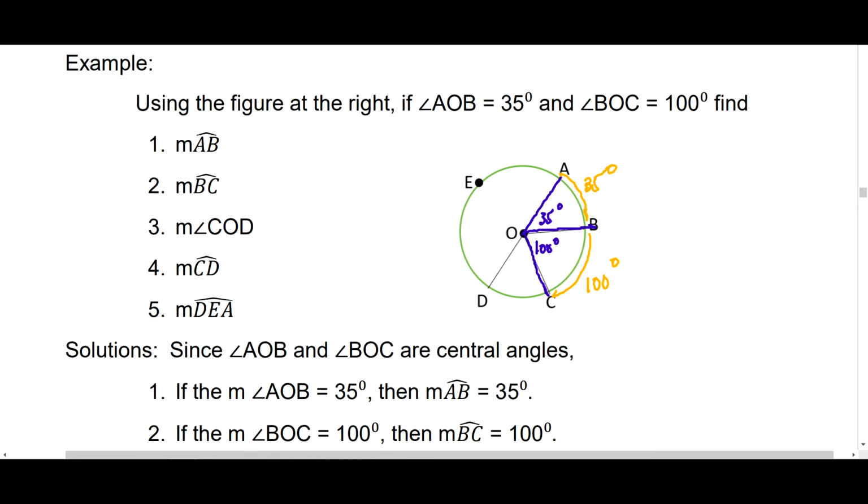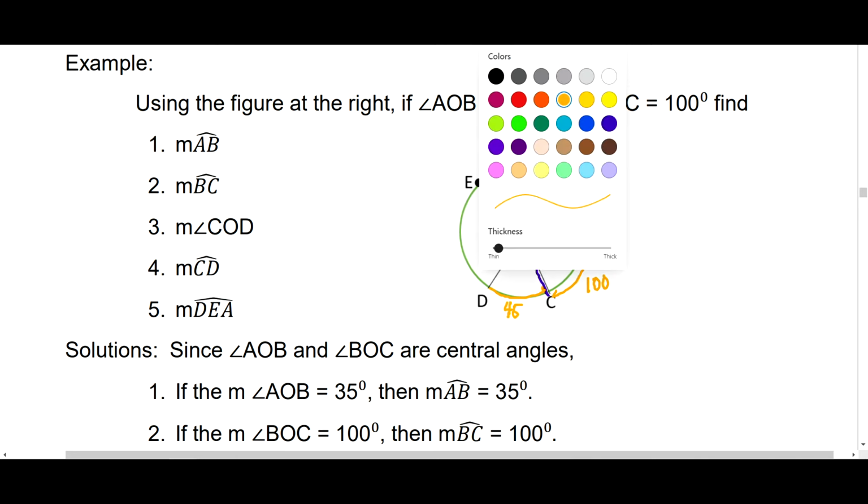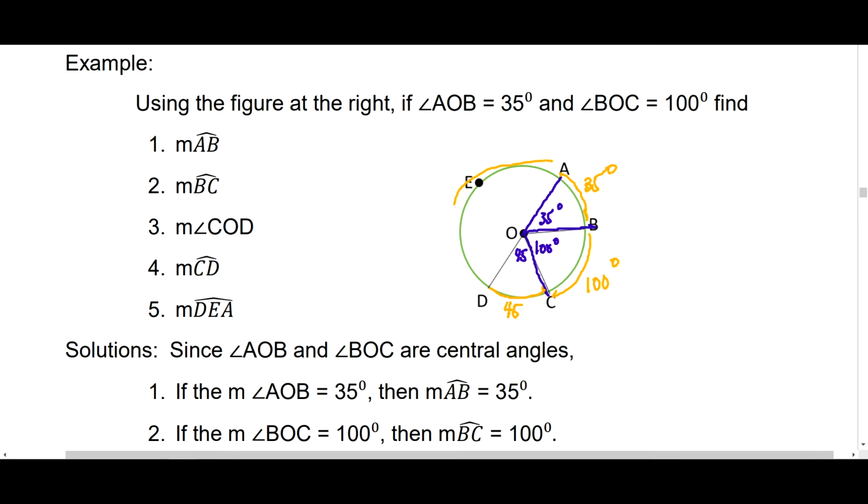So, ilan na lang yan? This is 45. So, arc CD is 45, and central angle DOC is also 45. Then again, this one is a semicircle, so this is equal to 180.